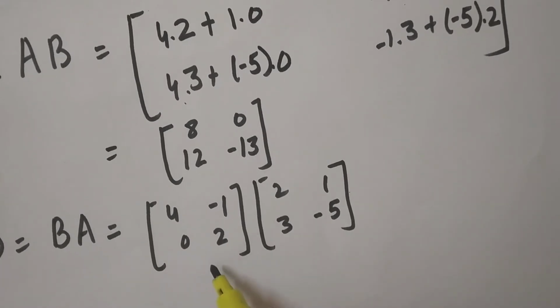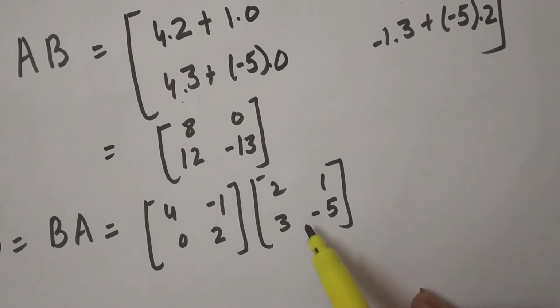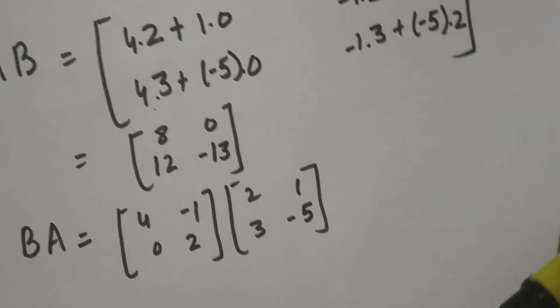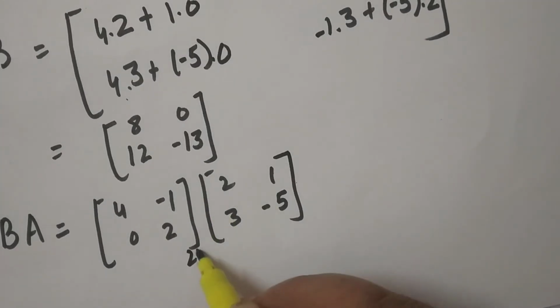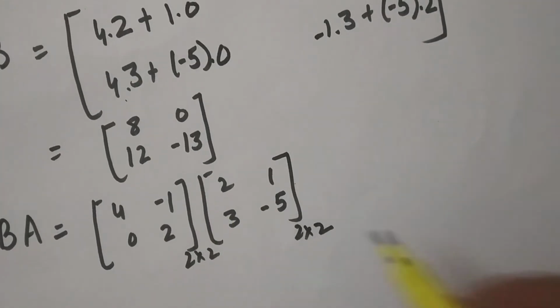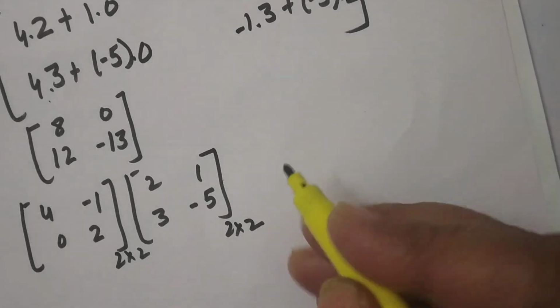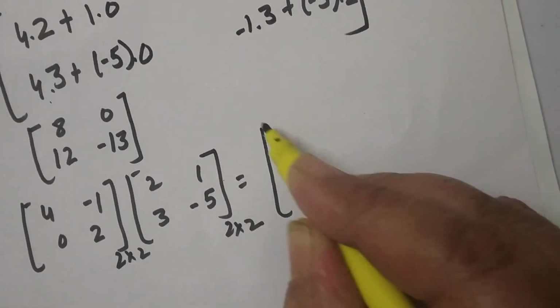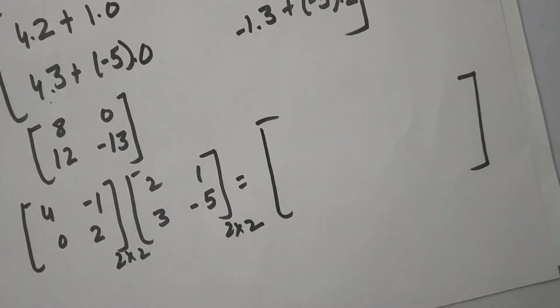So for BA, I write the matrix B here and matrix A here. Again its order is 2 by 2 and this is order 2 by 2, so the resultant will be of order 2 by 2 again.